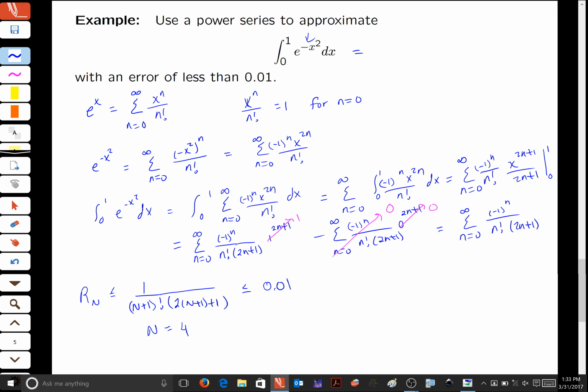So my sum is going to be, n equals 0, minus 1 to the 0 over 0 factorial times 1, plus minus 1 to the first power over 1 factorial times 2 times 1 plus 1, which gives me 3.